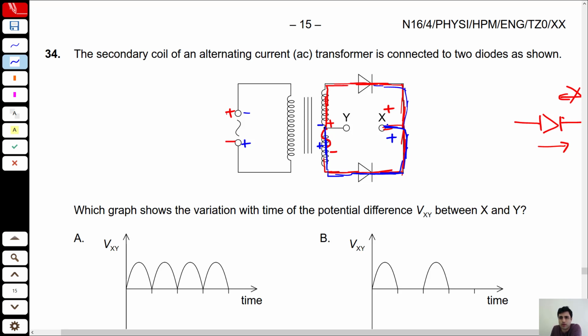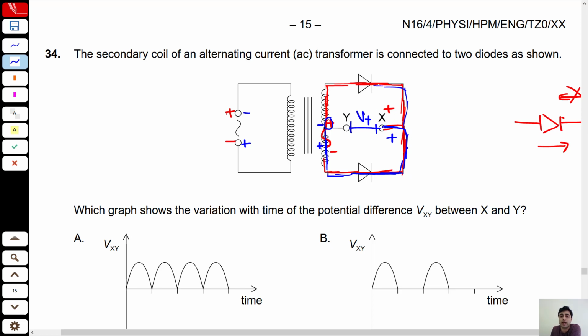So no matter if this is positive or negative, no matter what the terminal voltages are, the voltage between x and y will always be positive, and there will be no gap between them, because the moment there is a change in the terminal voltage, when the negative becomes positive, instantly the x terminal can feel the voltage, right?